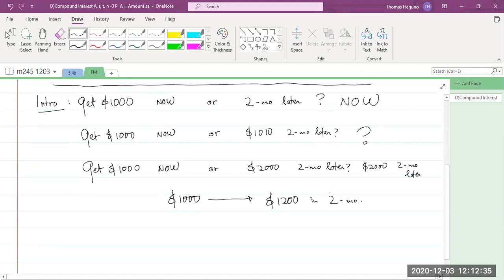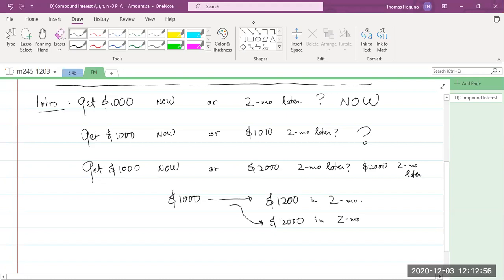In 2 months I can grow that by 20% only. So if it grows by 100% in 2 months and becomes $2,000, then I'd rather you grow the money for me instead of me growing it myself. Does it make sense?